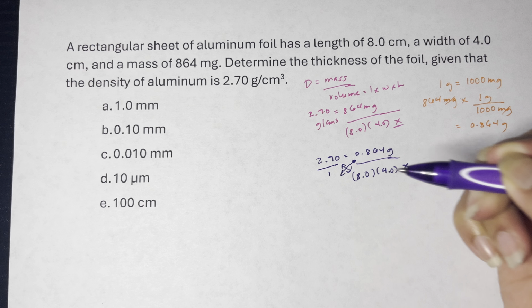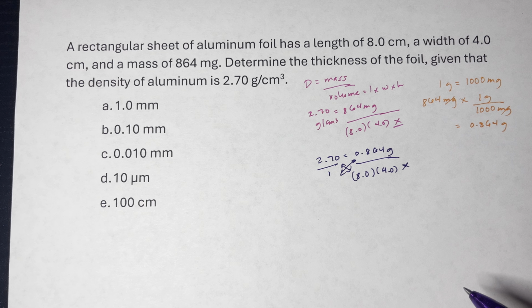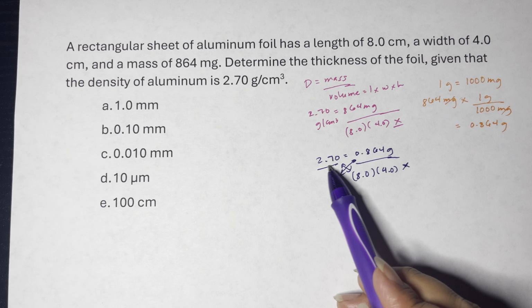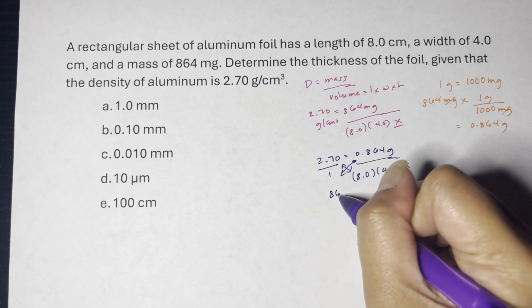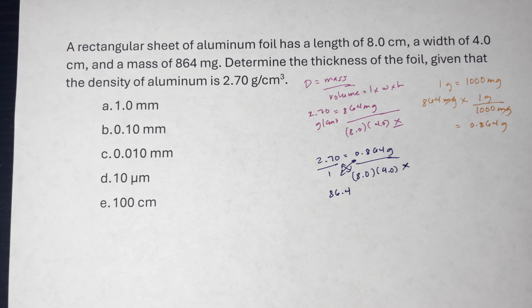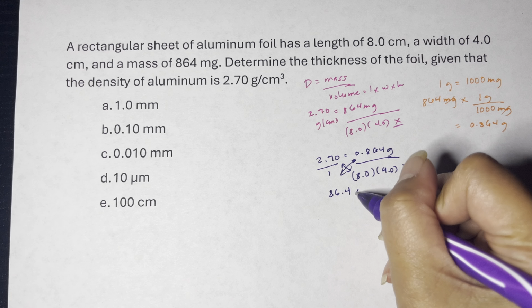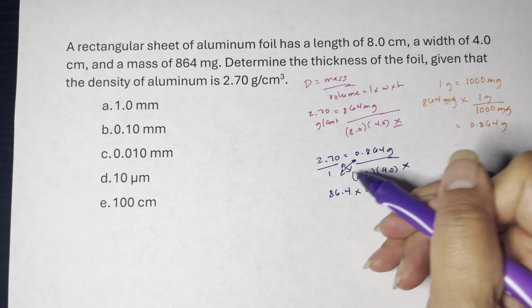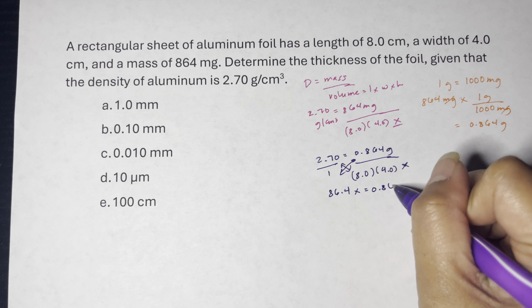This is 2.70 over 1. We can write that as that. So now we multiply 2.7 times 8 times 4. And we get 86.4, right, times X, because we do have that X down there as well. And equals 0.864 times 1, which is 0.864.